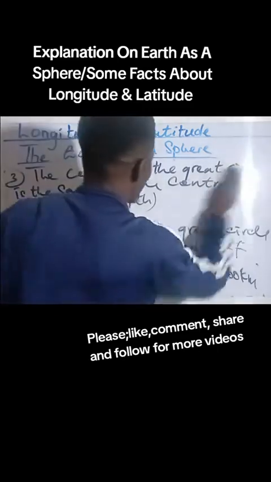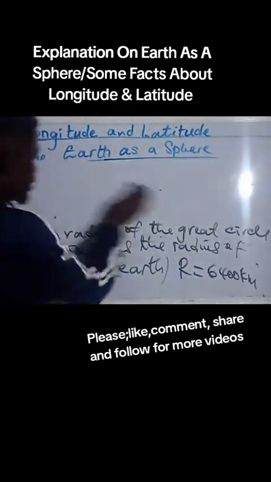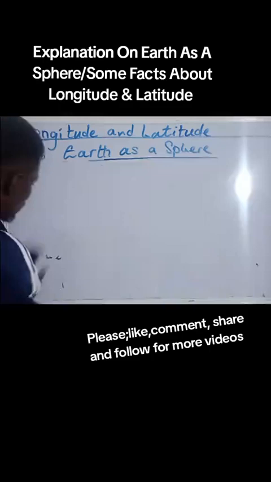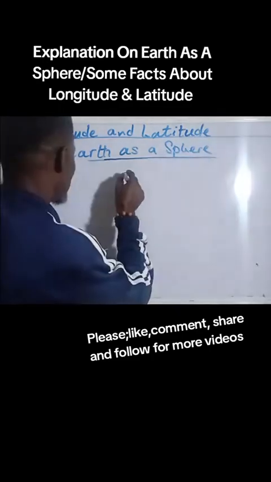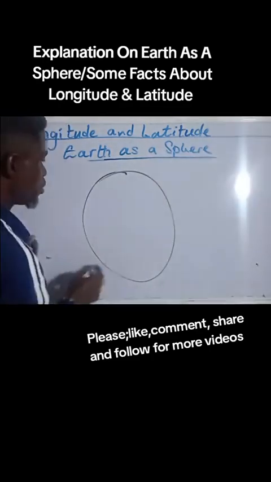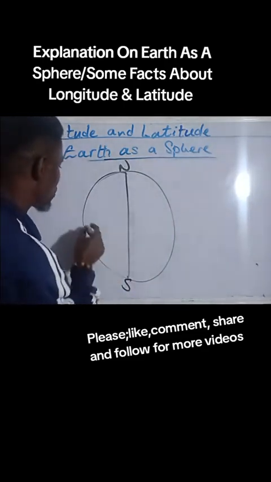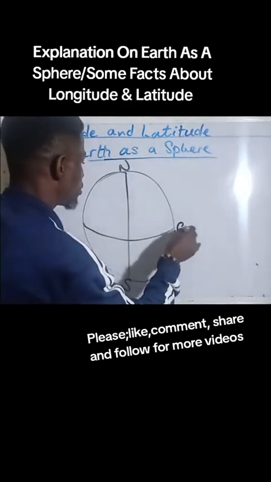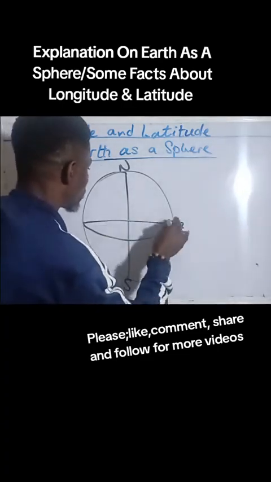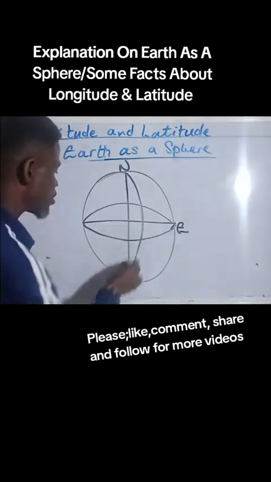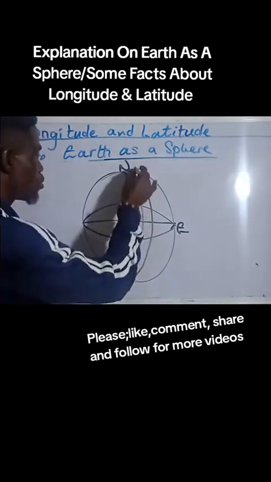Okay. Now let me just explain this so that you will get more understanding of all the facts. Let's say we have the globe. This is the north. This is the south. This is the east. The equator. Now, what do we mean by all lines of longitude?